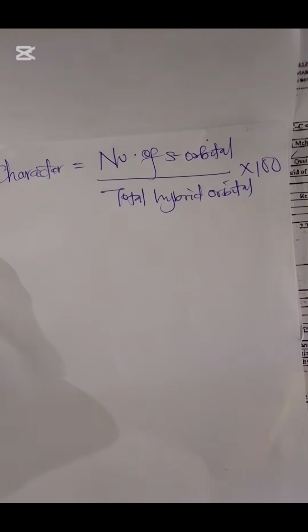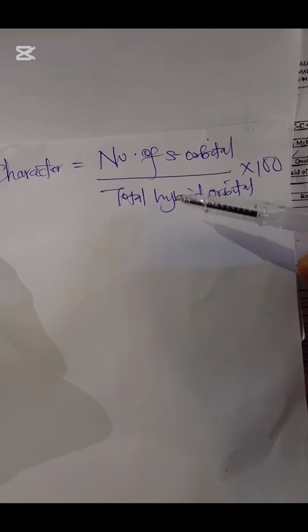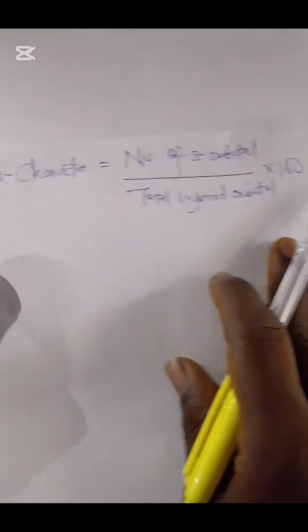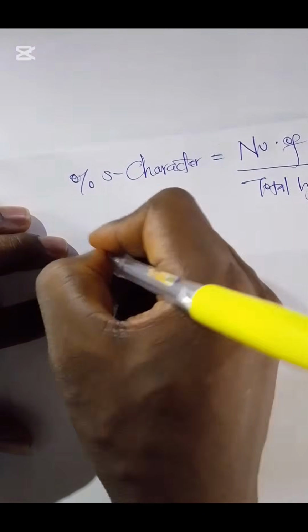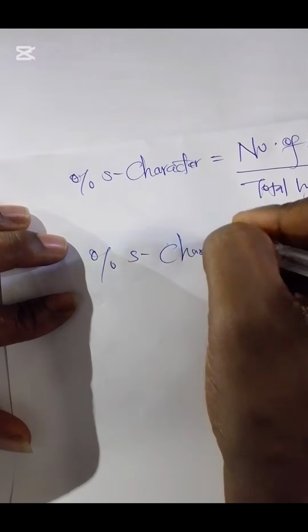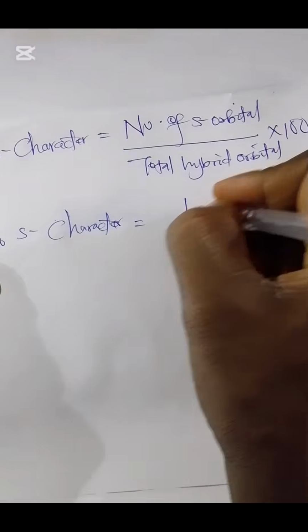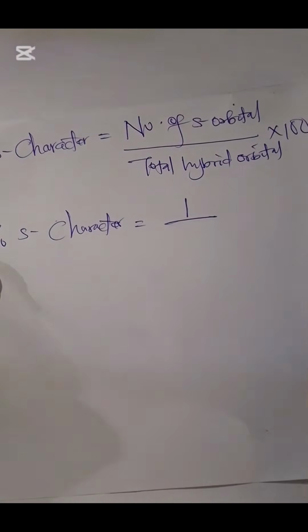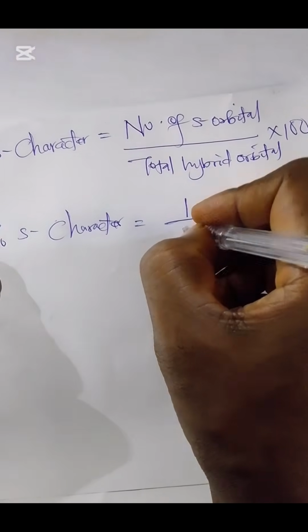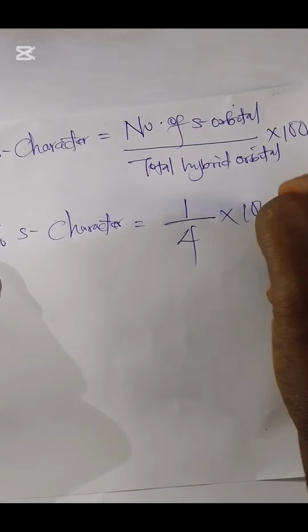Now, in this formula, let me emphasize that this means number of carbon over number of sigma bonds surrounding that carbon. So the percentage S character is equal to one carbon surrounded by 4 sigma bonds, times 100.